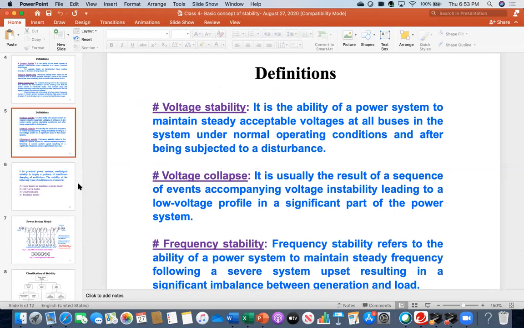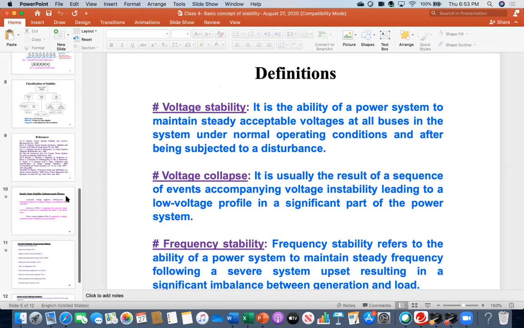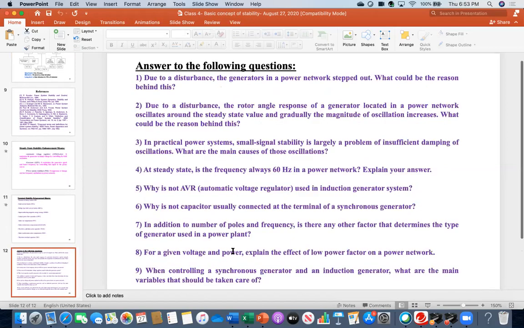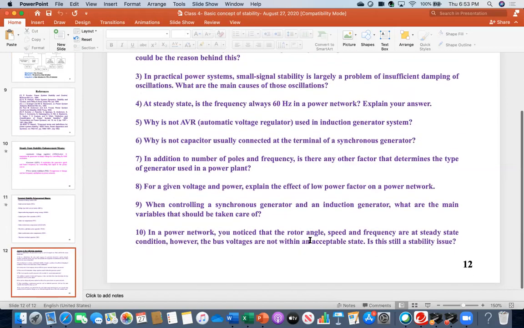Now, if that is the definition of voltage stability, here what I am telling is that rotor angle stability, transient stability, and frequency stability are fine, but voltages are not acceptable. So therefore the answer is yes. This is a stability issue. In particular, this is a voltage stability issue.